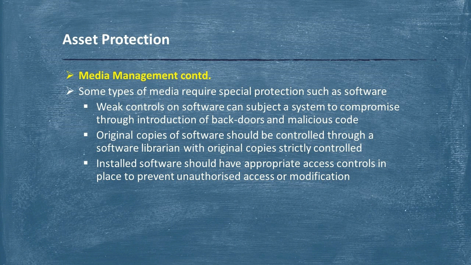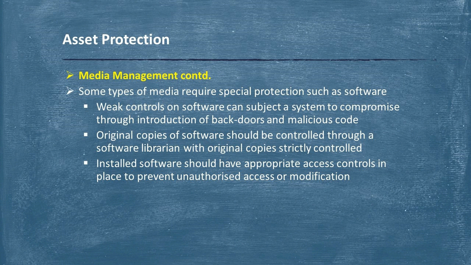Some types of media require special protection, like the software. It may get corrupted, so it may need a particular temperature and things like that. Weak controls on software can subject a system to compromise through introduction of backdoors and malicious code. If you expose the source code to unwanted people, they might add a backdoor to it, or add malicious code to it.